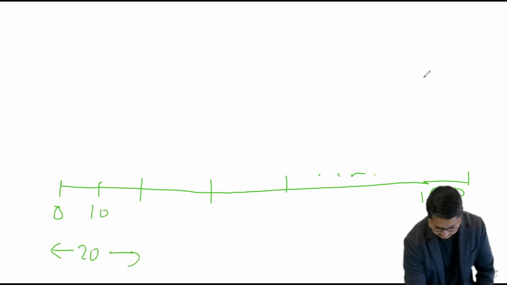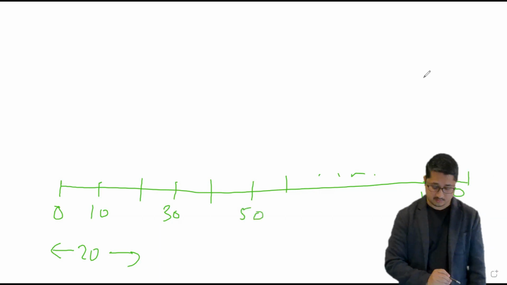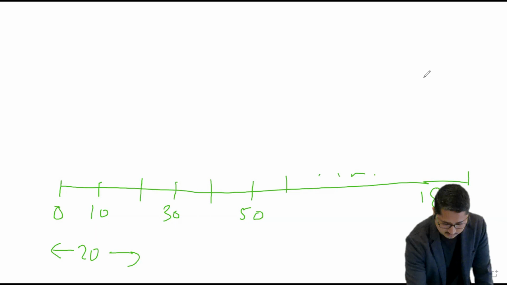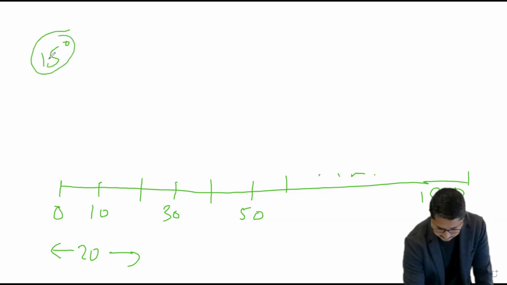This is 10, this is 30, and this will be 50. If you get 15 degrees orientation, then 15 will lie somewhere here, right?